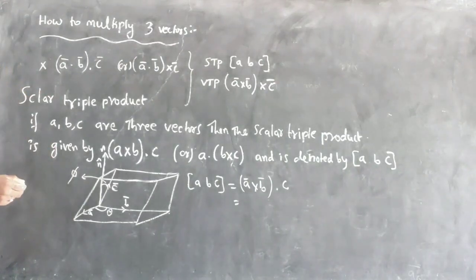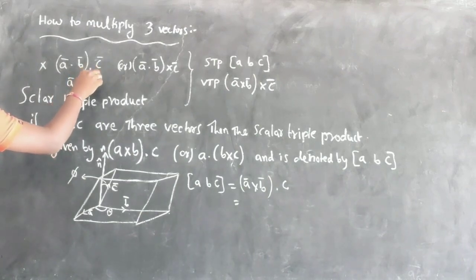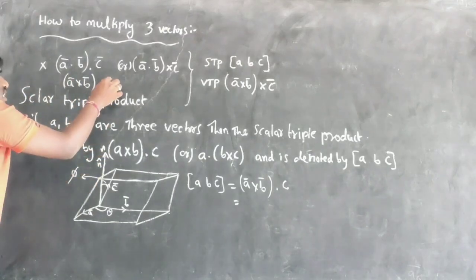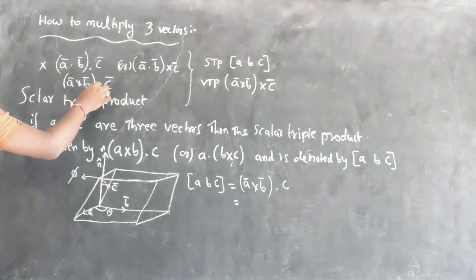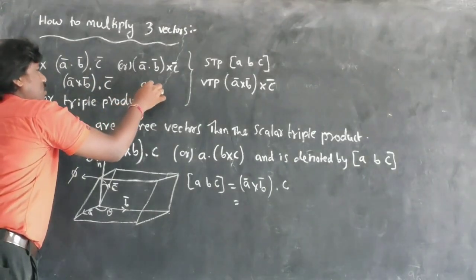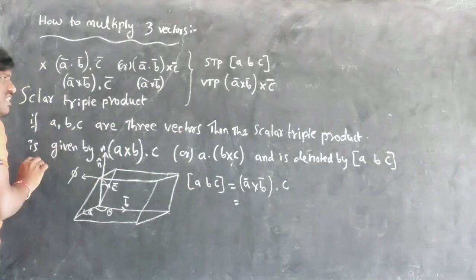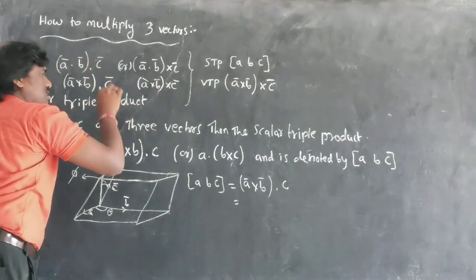So what can we do then? I can take A cross B first. A cross B is a vector and C is another vector. So between them I can use a dot product or a cross product, because A cross B is a vector. I can use a cross product with another vector.